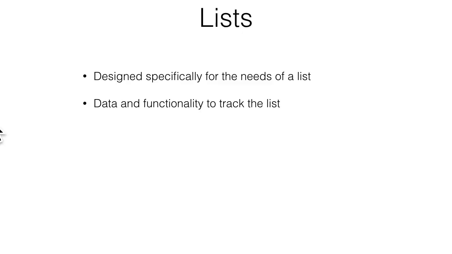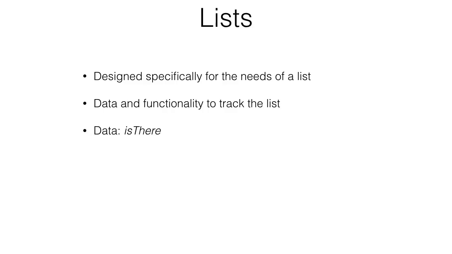So the data and functionality are intermixed, and they're used to track the list. That's what makes it unique. Data and functionality, both within the data type. Think about a primitive. It doesn't have data and functionality. Think about an array. It's just holding data. It doesn't have all of this functionality too.